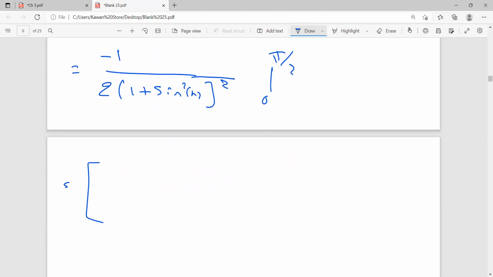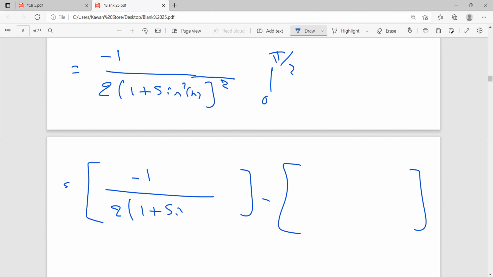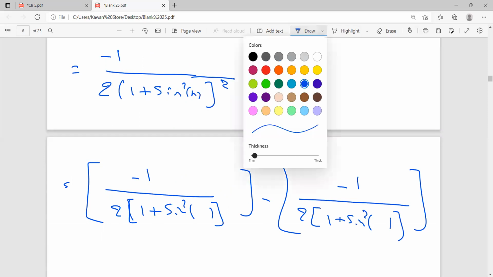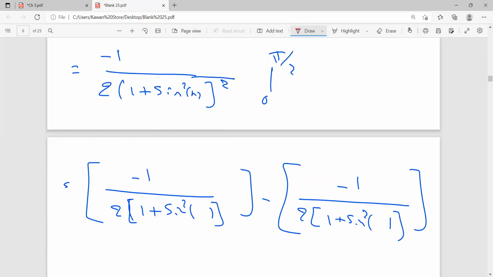Now, first box minus the second box. First box is like that, minus 1, 2, 1 plus sine square of something. Okay, second box the same, minus 1, 2, 1 plus sine square of something. Then we have pi over 2, 0. Understood? Easy, this one.